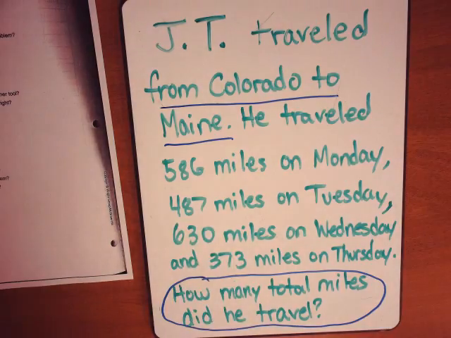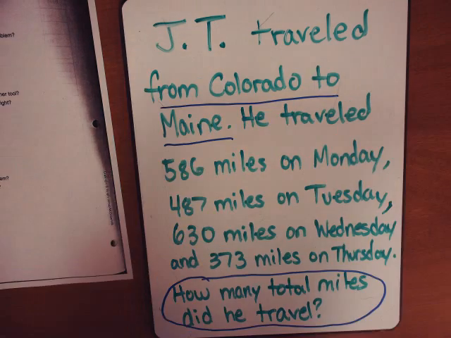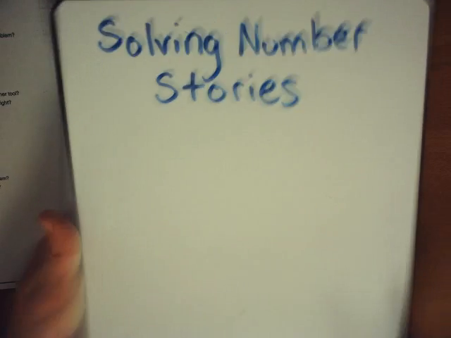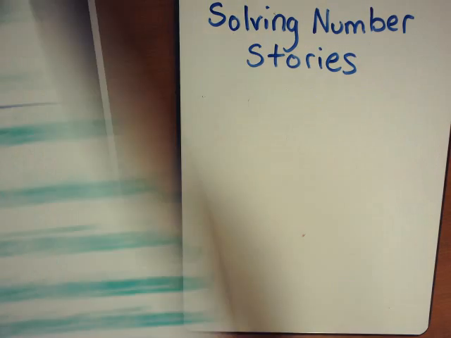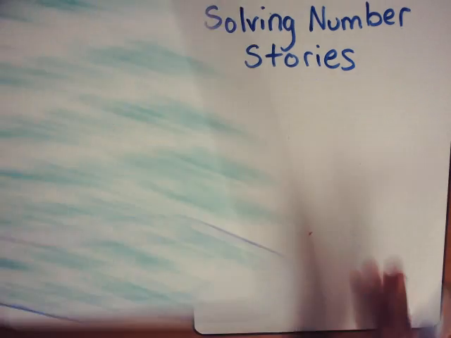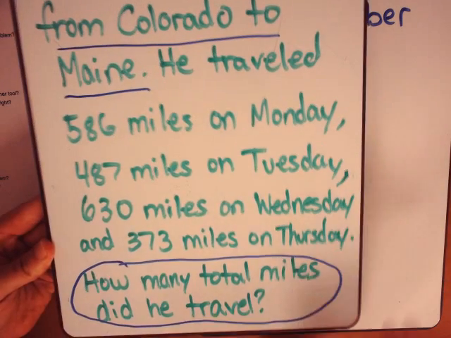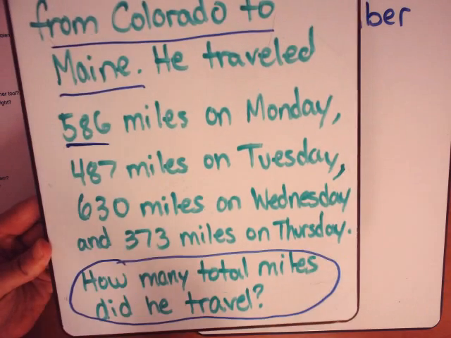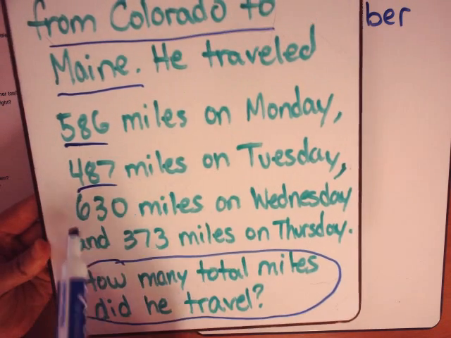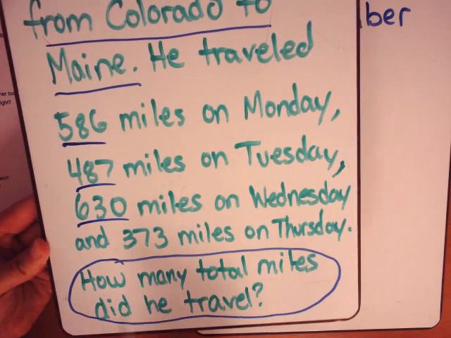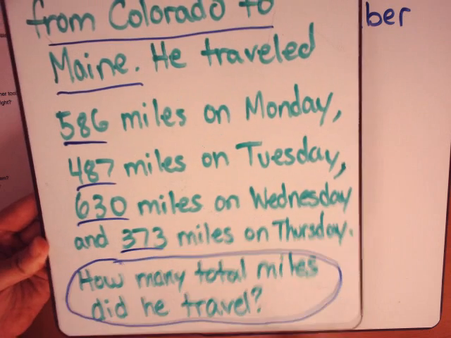Okay, so now I'm on to step 2, plan what to do. So I'm going to use my notebook page here, and I want you to draw along with me my plan. Okay, so when I think, I can kind of refer back here. I've got 586 miles on Monday, 487 on Tuesday, 630 miles on Wednesday, 373 miles on Thursday.